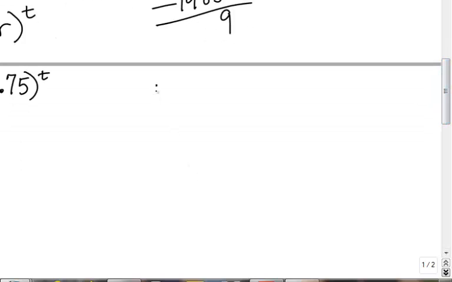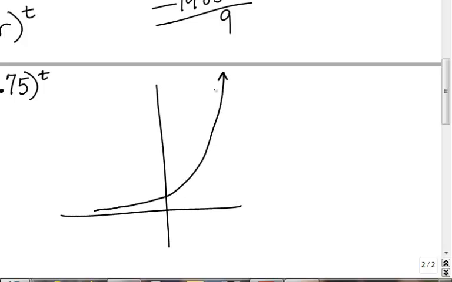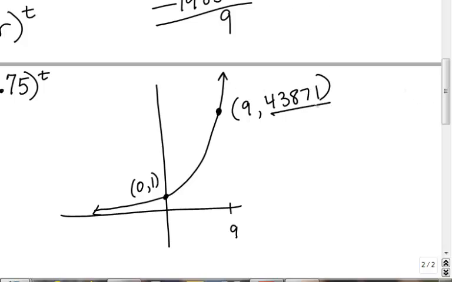Okay, so put a graph, and it's going to go up exponentially. This point is still 0, 1, and over here at 9. So we did 9 and 43,871. So how many were there? That's your answer, 43,871. Okay? Everybody good with that answer?